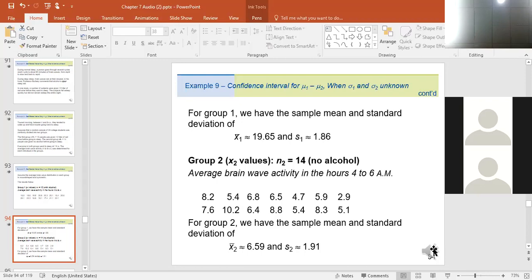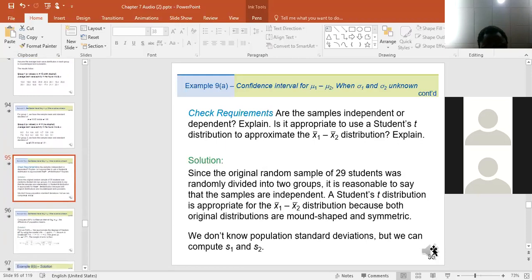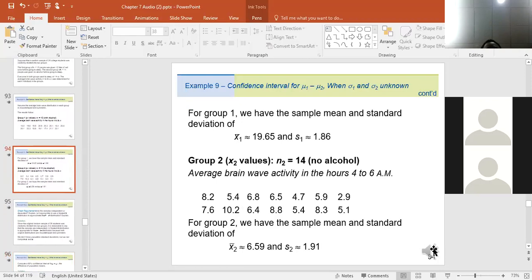T, yes. For the confidence, 90%. We are choosing this so that we are on the same page. T interval. Confidence level, 90.